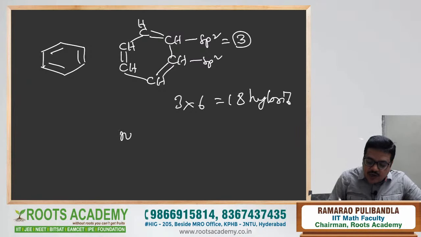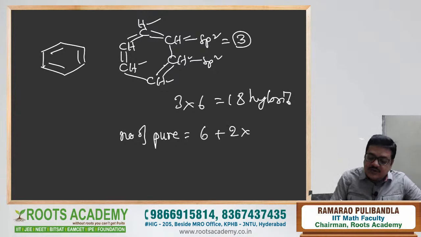And the number of pure orbitals: count the number of hydrogen atoms, 1, 2, 3, 4, 5, 6, plus 2 into the number of pi bonds. Sorry, I wrote it wrongly; this has alternate single and double bonds, so 3 pi bonds.